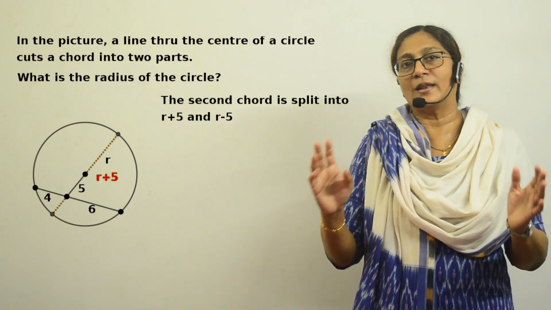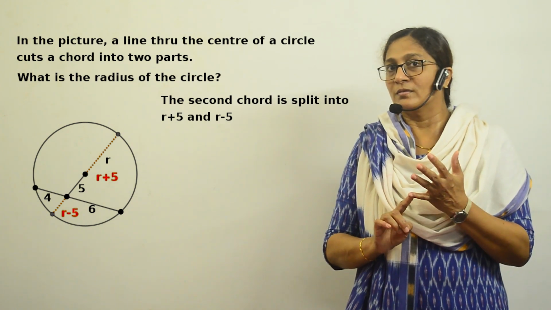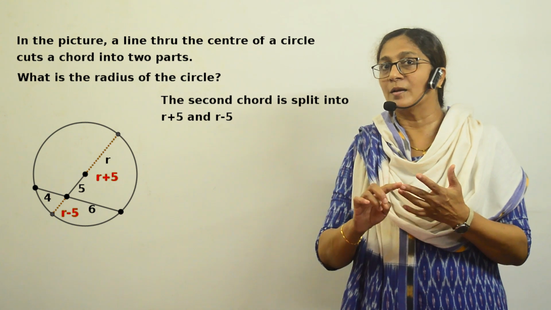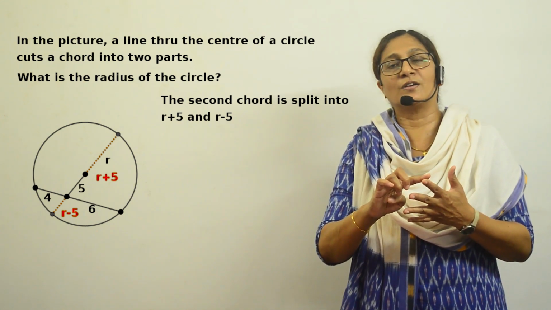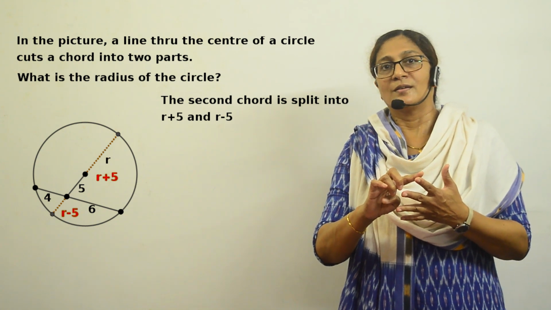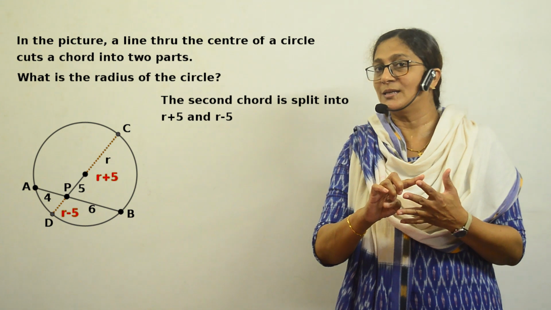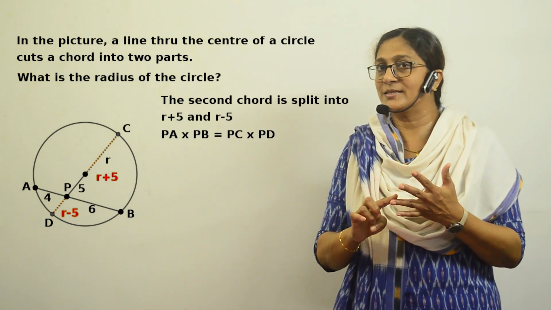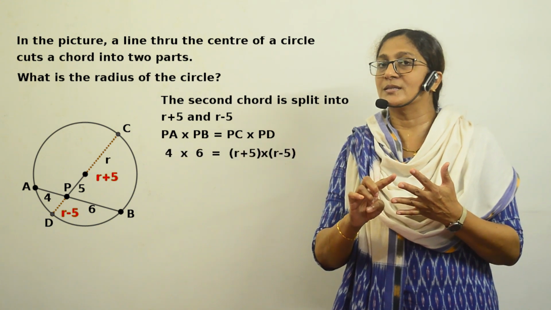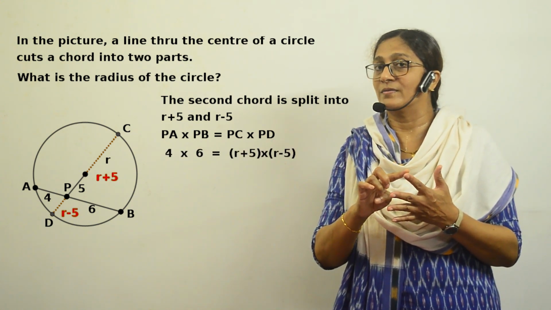So what are the 4 lengths of the 4 parts? 4, 6, R plus 5, R minus 5. We have our relation: PA into PB equals PC into PD. 4 multiplied by 6 equals R plus 5 multiplied by R minus 5.